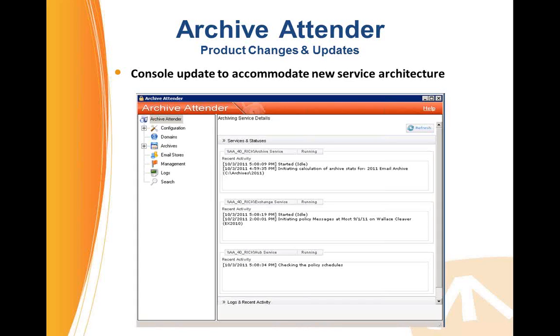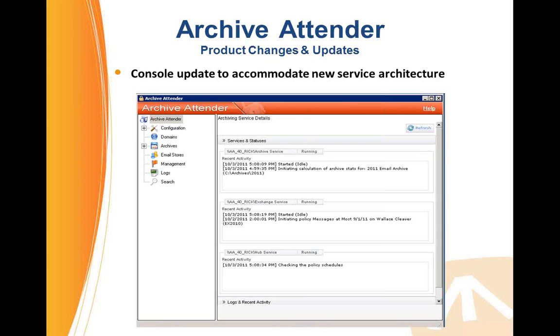So given that change to the service layer, we had to come up with some changes in the console to reflect the new service architecture. What you see on the screen right now is a view of the main console screen, and you'll notice this has been facelifted. On the right-hand side of the screen, where we used to have the service information at the top and the start and stop button and so forth, we now have a service pane that displays information about all of the running services.